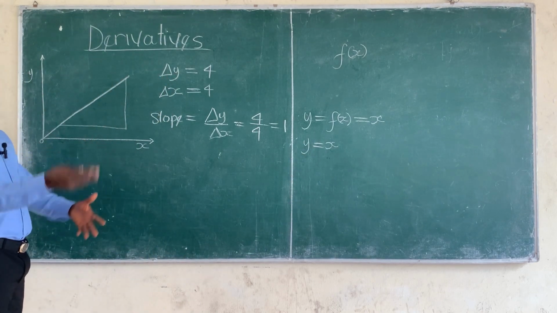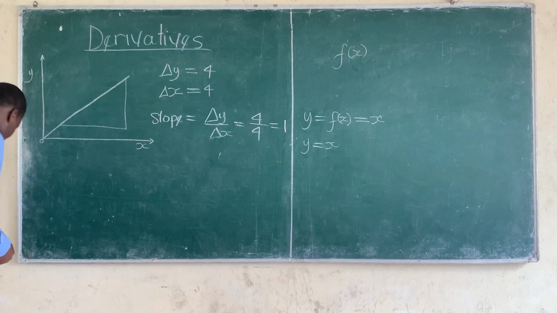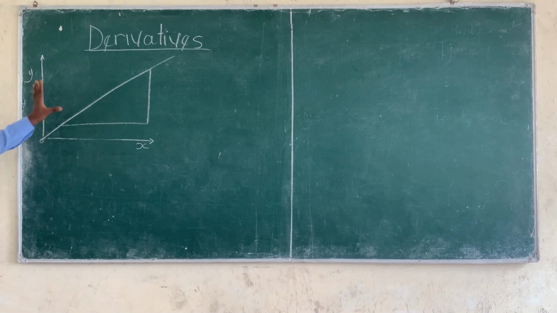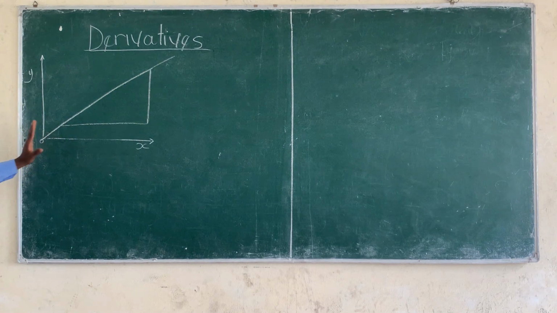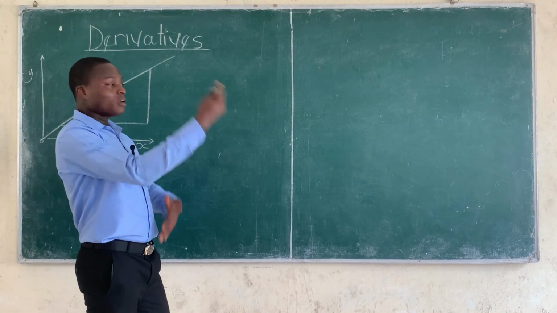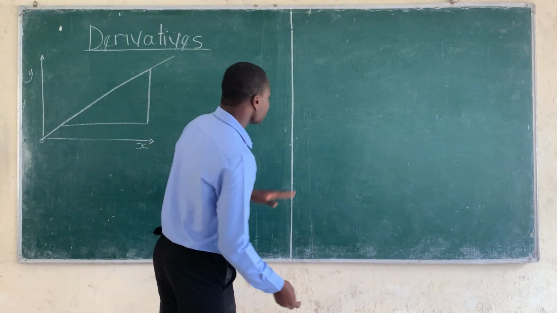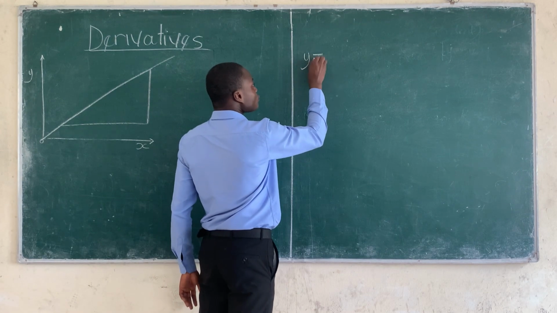But let's go further to explain more about this derivative. Remember this is a straight line, and don't forget a line is infinite. This line goes to infinity because if y is equal to x, both of them keep increasing. So we have y equal to x.